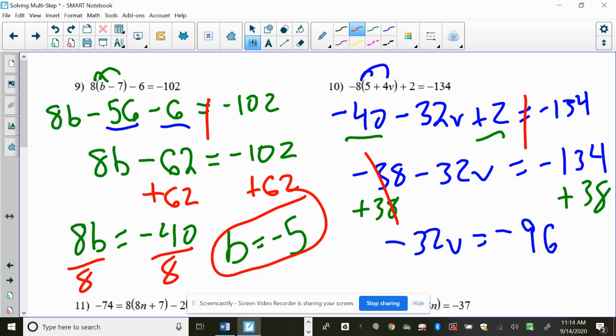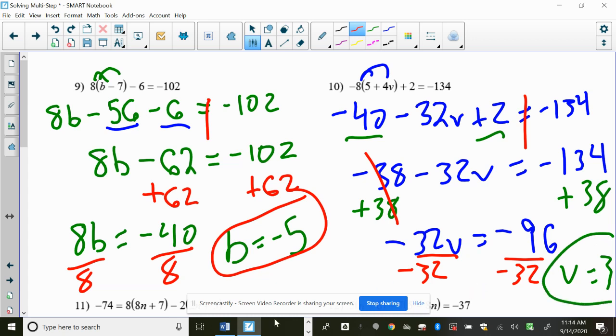Keep solving. So now we want to get rid of the negative 32v. So we divide both sides by negative 32. So we have v equals 3. That'd be our final answer. Okay, we're building. Each pair gets a little bit tougher.